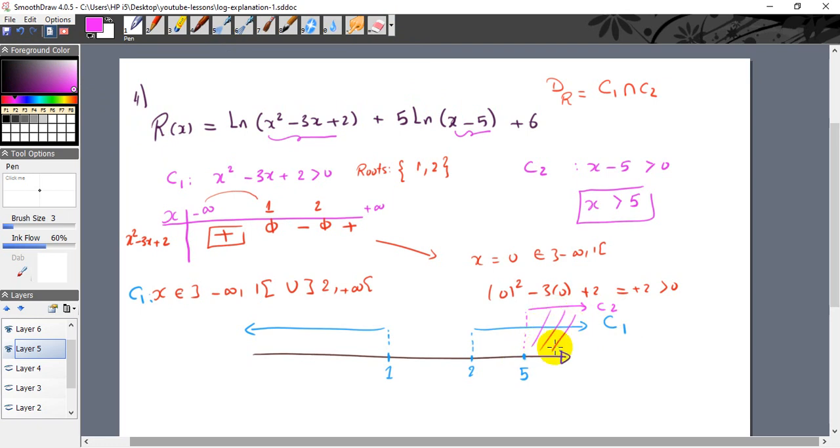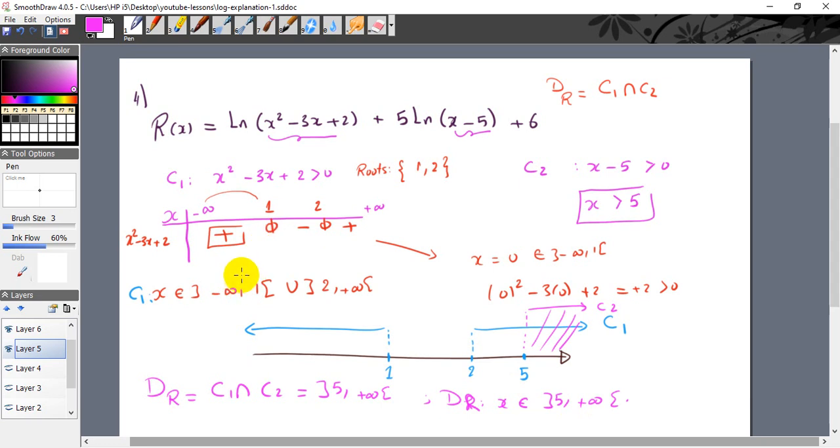The intersection lies between 5 and plus infinity. So the domain of definition of the function R, which is C1 intersection C2, is the interval 5, plus infinity. We may write it in this way: the domain of definition of R is x belongs to the interval 5, plus infinity. And in this way, we have found the domain of definition.